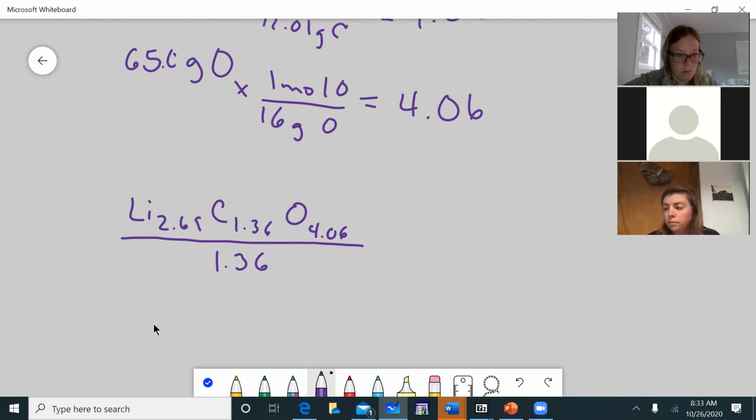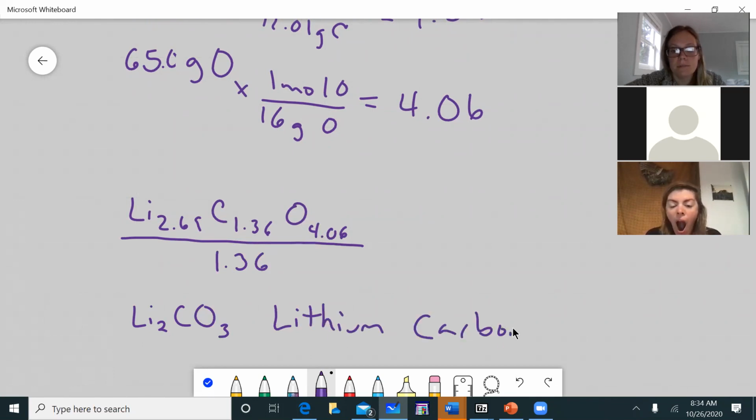Lithium, we get 2.69 divided by 1.36. I got 1.977. That's close enough to 2. Anything divided by itself is 1. And then 4.06 divided by 1.36 gives us 3. Li2CO3. Oh, it's lithium carbonate.